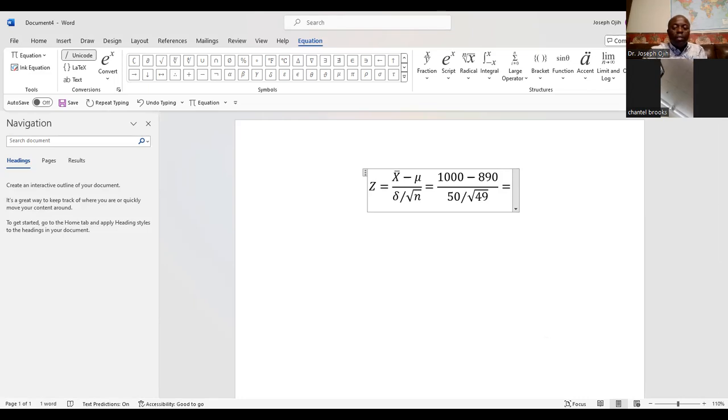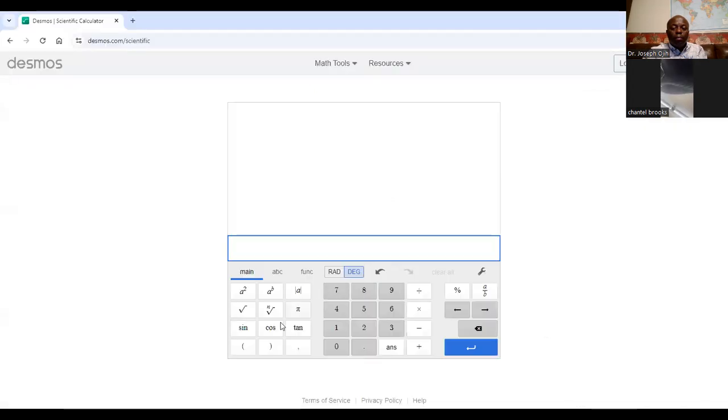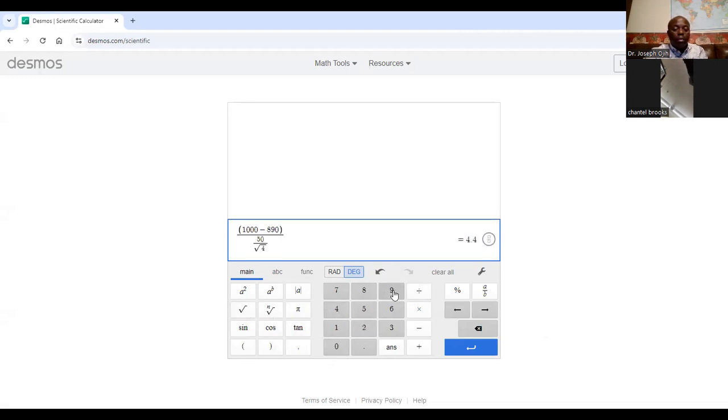We have 1,000 minus 890, divided by the standard deviation of 50 over the square root of 49. I got 15.4.